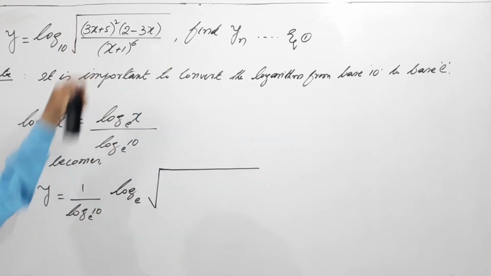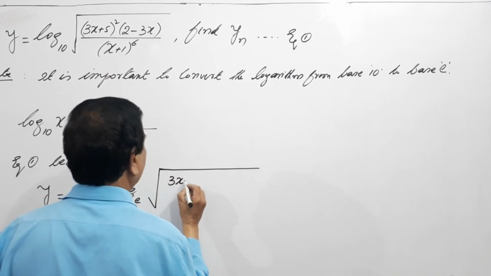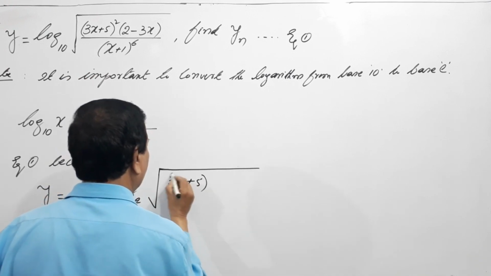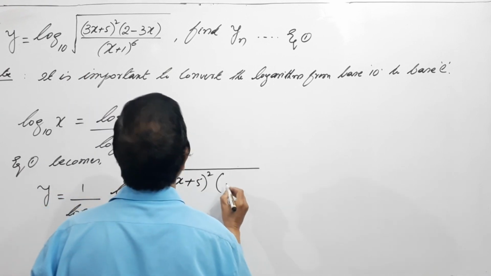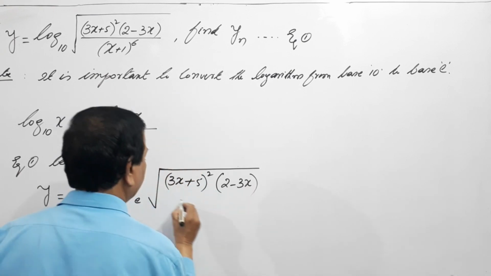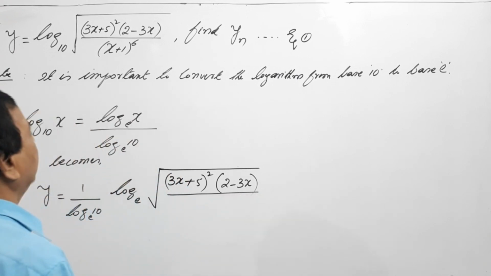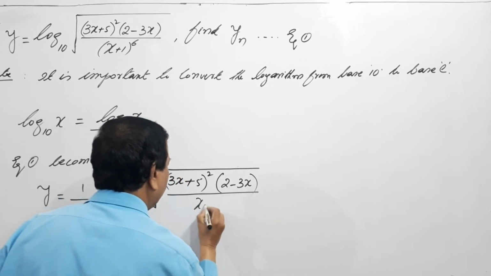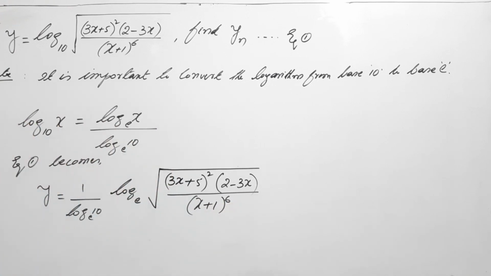So what happens here? We have (3x plus 5) to the power of 2 into (2 minus 3x) divided by (x plus 1) to the power of 6.